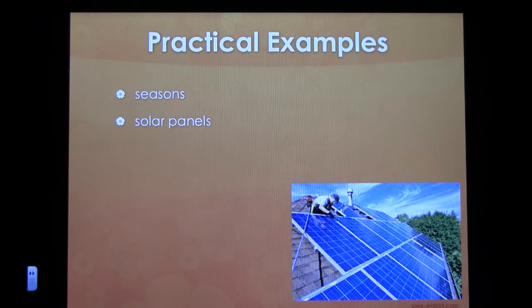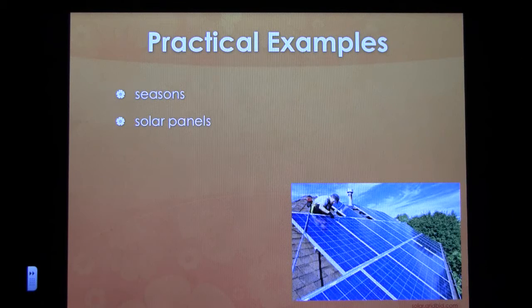The more direct the sun's rays, the more electricity will be produced. If you laid a solar panel down horizontally or flat on the ground, the sun's rays would strike the solar panel indirectly at a large angle with the vertical. So the effective area would change.